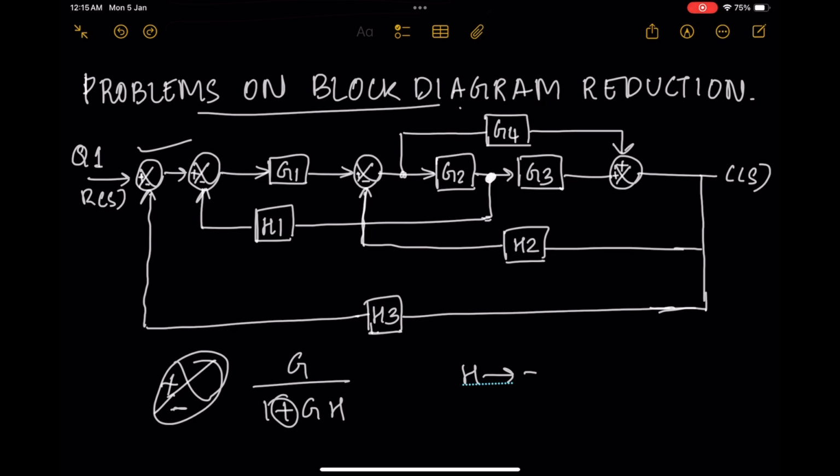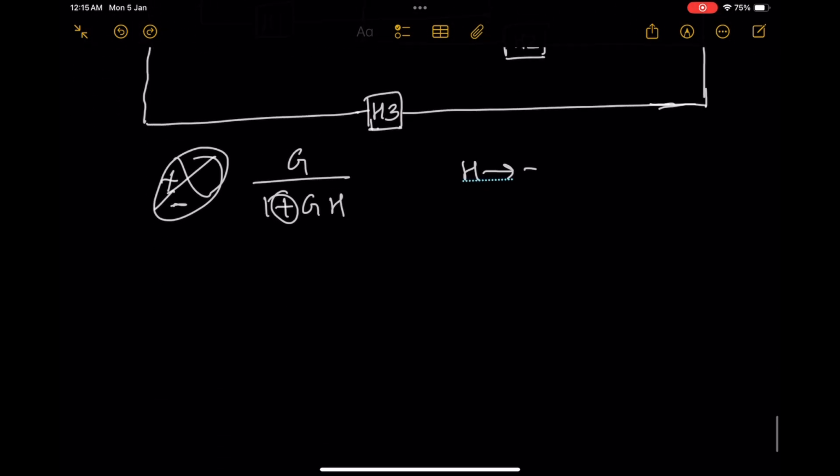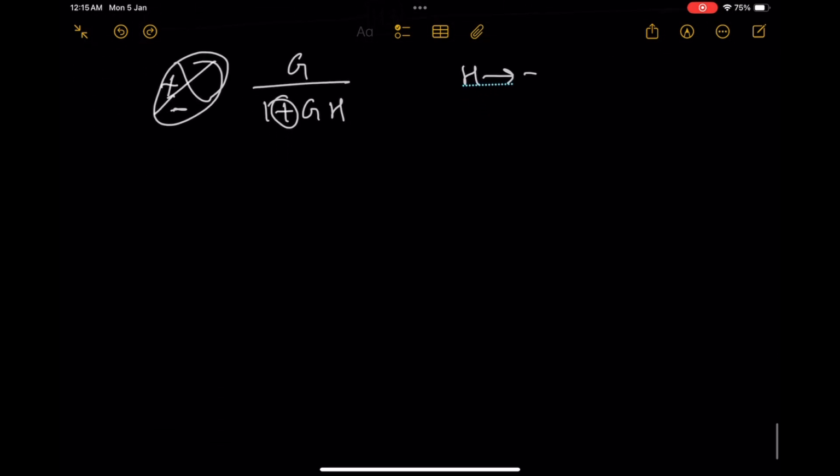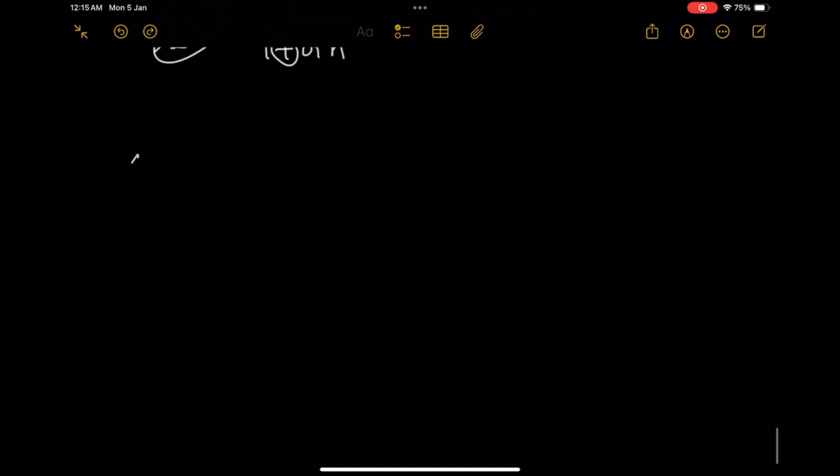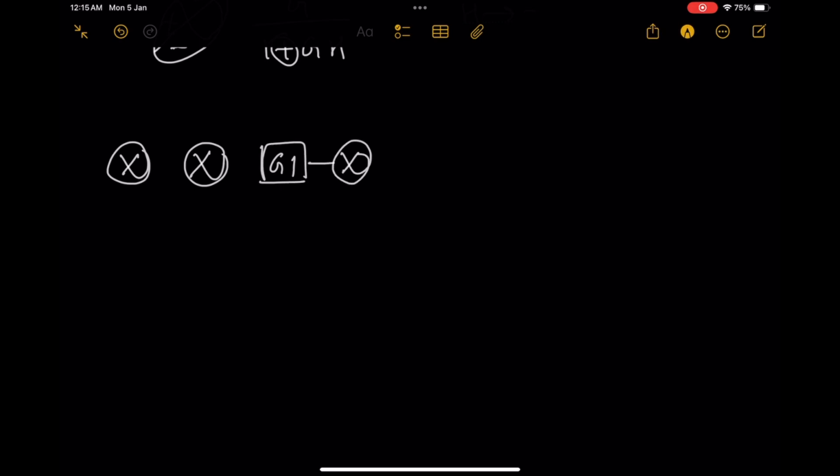So I'm going to draw it once again. This time I'll be drawing it with two summing points in the beginning, then we have G1, and then we have another summing point, then we have G2, G3, in parallel with G4.